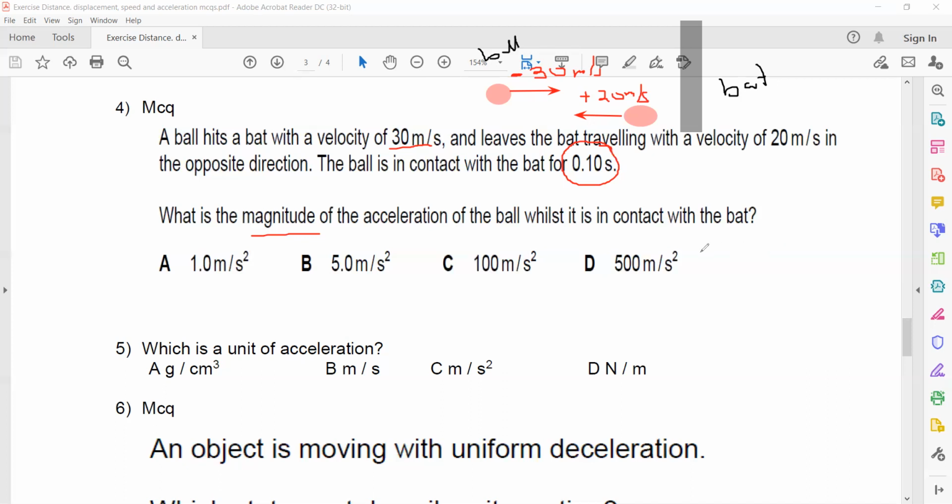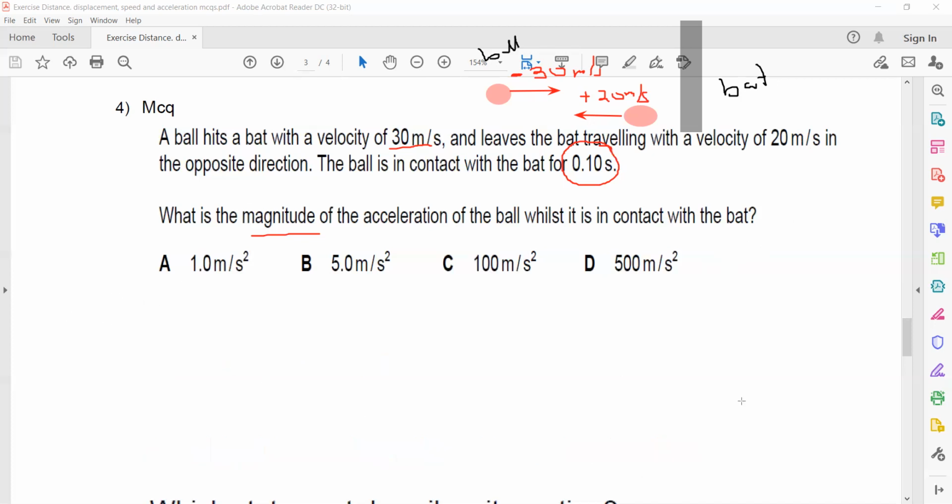So the formula to calculate the acceleration is v minus u over t, meaning the change in the velocity divided by time interval.